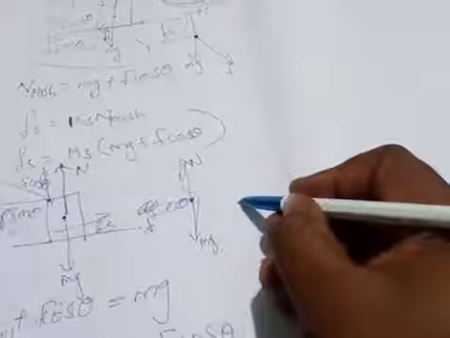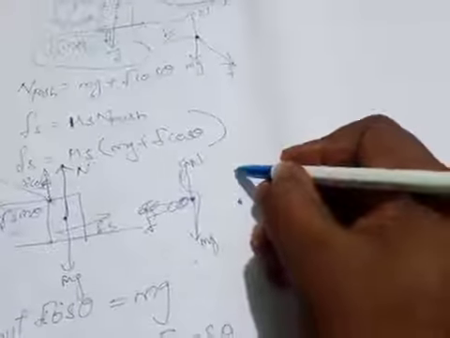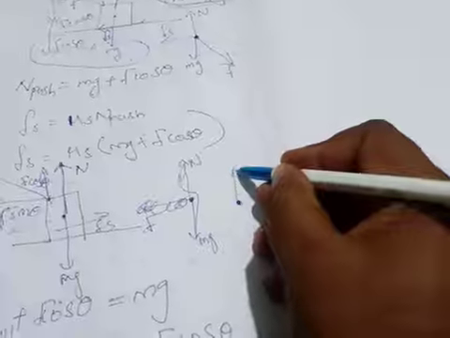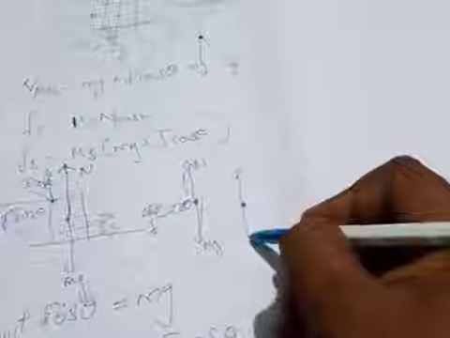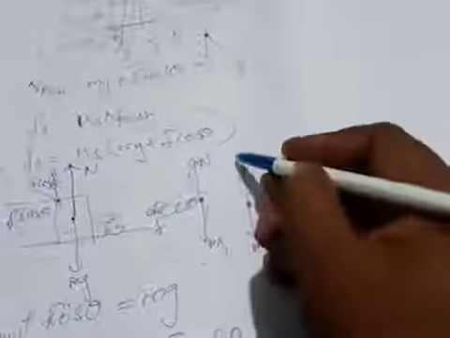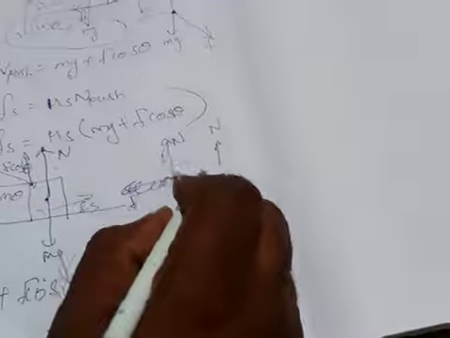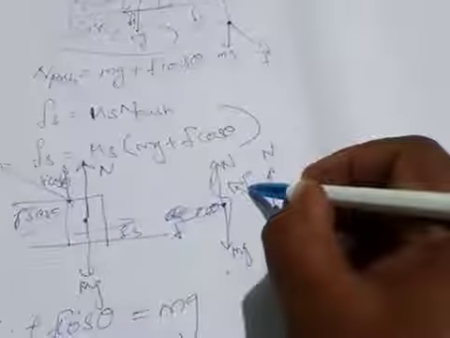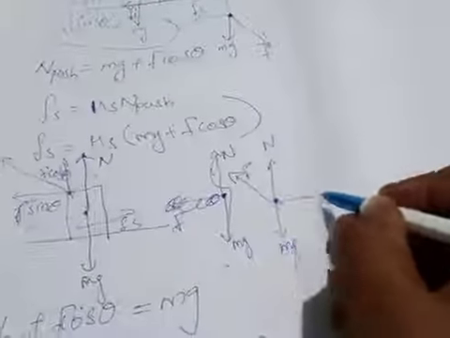This is a block, this is the normal force, this is mg. Now the force is in this direction, a little at an angle theta. This is the force, and friction in this direction.